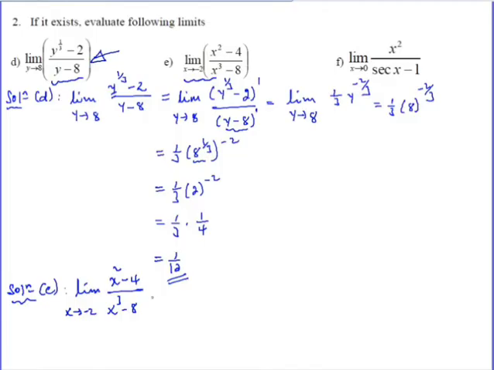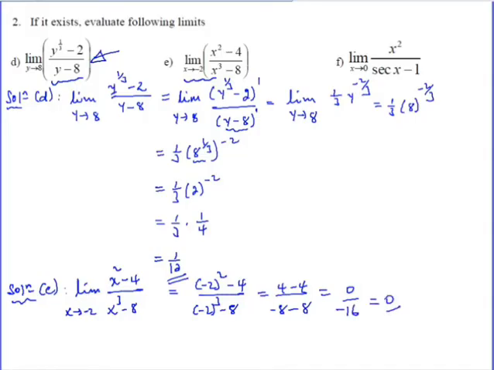If you directly substitute minus 2, the result will be minus 2 squared minus 4, over minus 2 cubed minus 8. This is 4 minus 4 over minus 8 minus 8, which is 0 over minus 16.